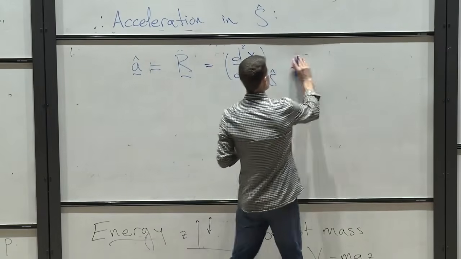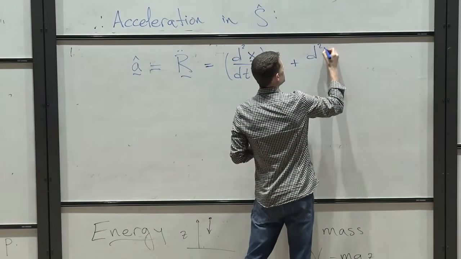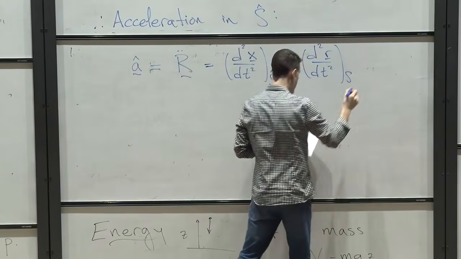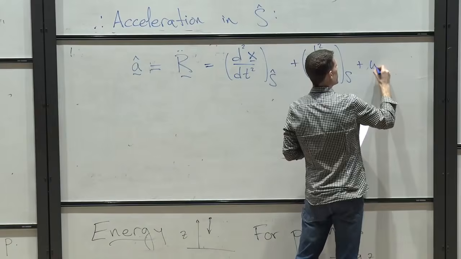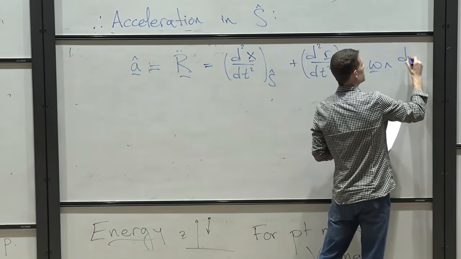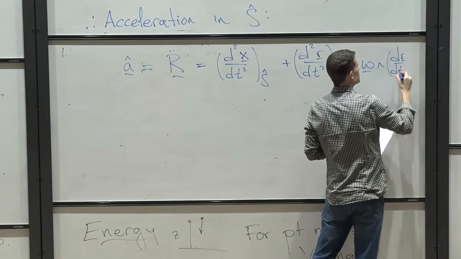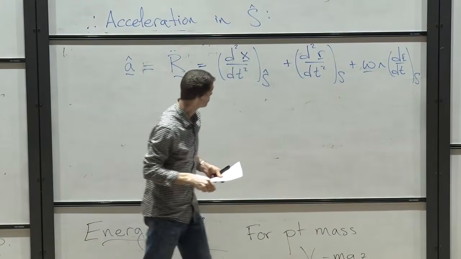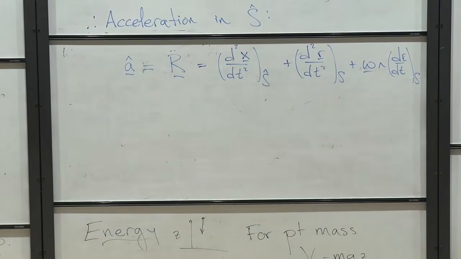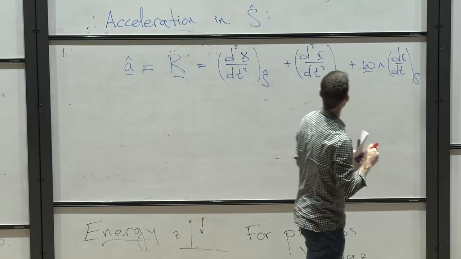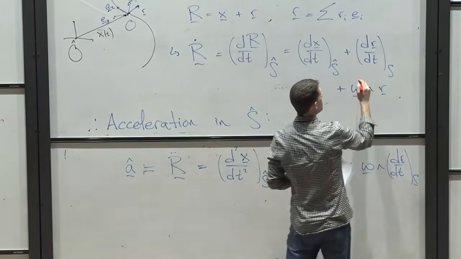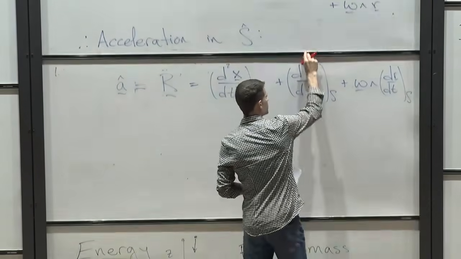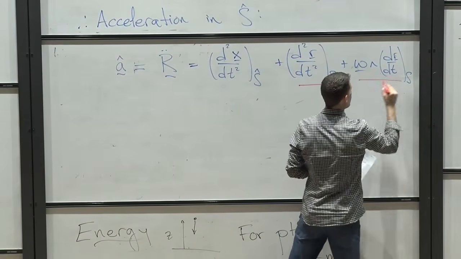So I get a d squared r dt squared measured in the S plus an omega cross dr/dt measured in the S. Let's use some colors to keep track of where terms are coming from. So that single term there, taking the d/dt, has produced this and that.